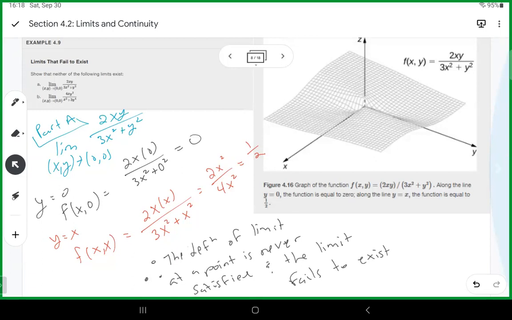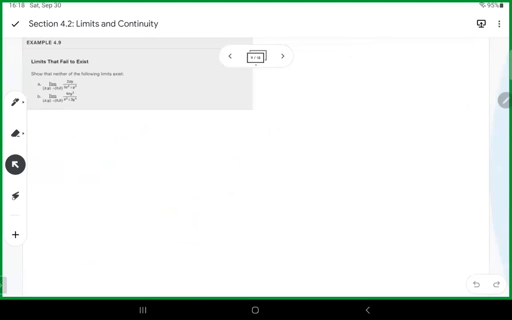All right, so for this second one, this part B, it is a lot longer, so get ready for it. We're going to do part B. We have the limit as (x,y) goes to (0,0) of 4xy squared over x squared plus 3y to the fourth.